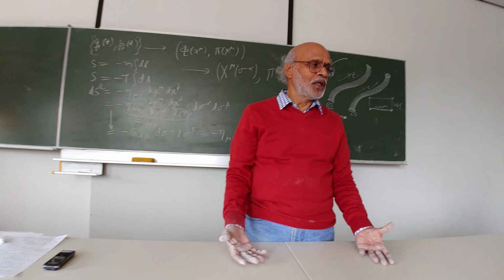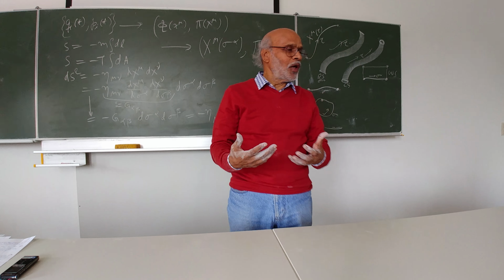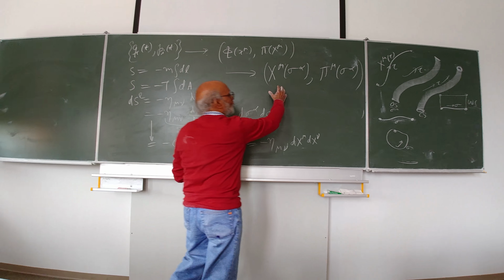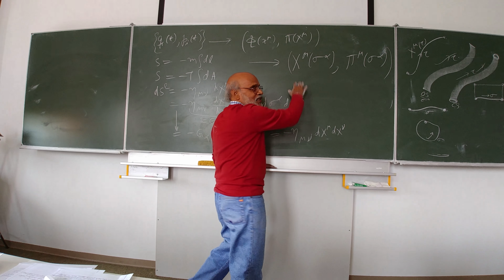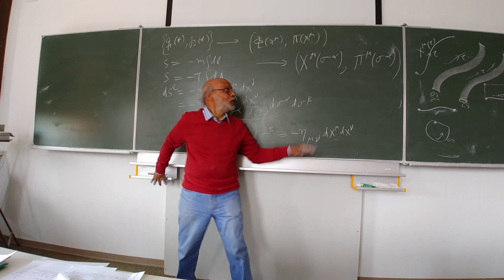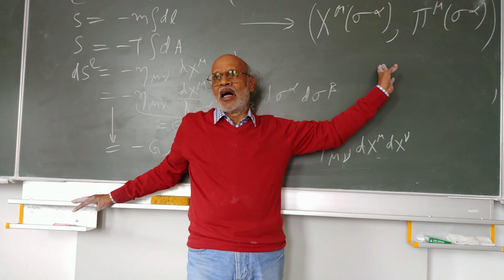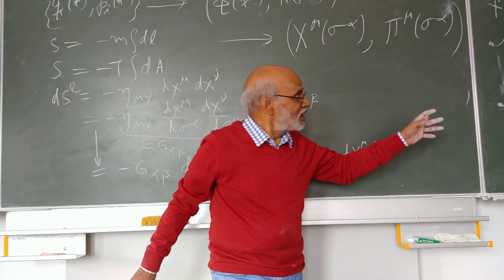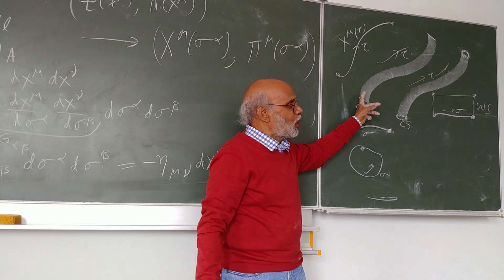That is what is happening. How this embedding is achieved, it is achieved through these string fields x mu, because they are functions of sigma alpha, which means they are functions of tau and sigma. So my string is going to be described by tau and sigma.